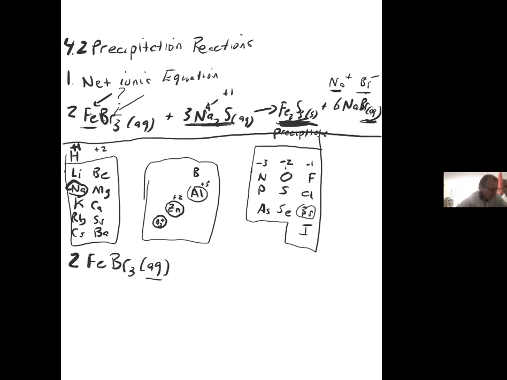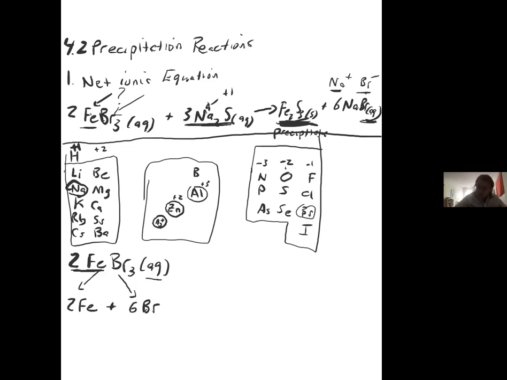Now we just have to figure out what the charges of those ions are, and how many there are. So here's how I'm going to do it. You break it up into the metal and the nonmetal, the cation and the anion, and you count. There's 2 irons, so 2Fe. And then remember, the coefficient multiplies everything in the formula. So that's 2 times 3, so you've got 6 bromines.